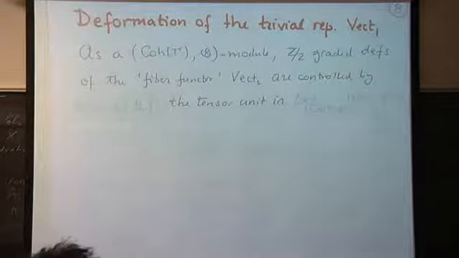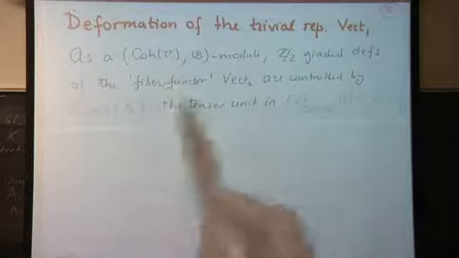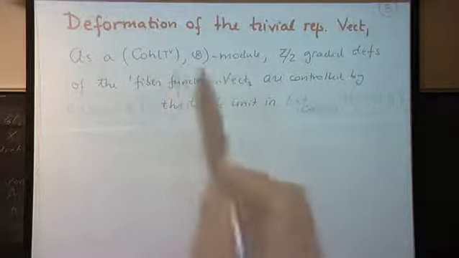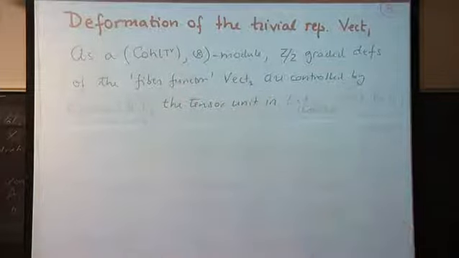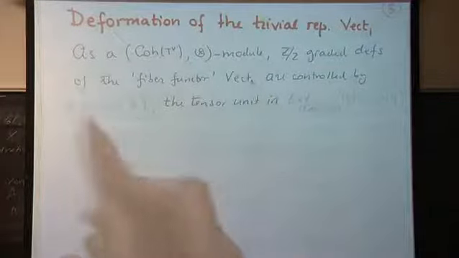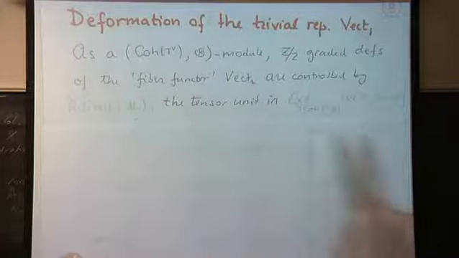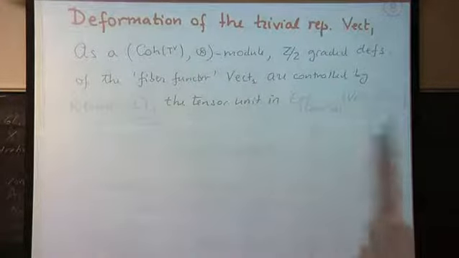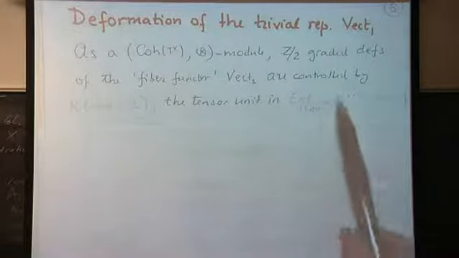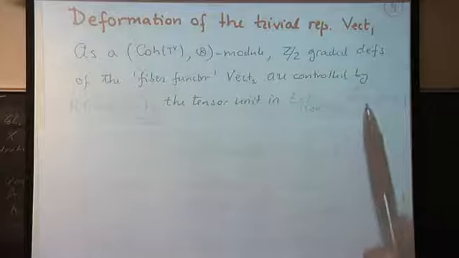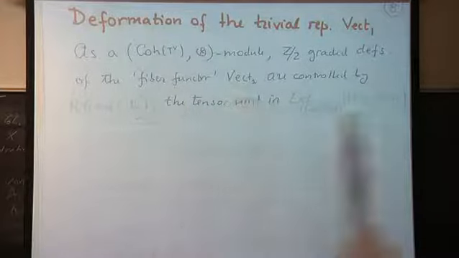So let's look at the deformations of a trivial representation, vect 1, of the category of coherent sheaves in the Z2 graded world. Well, general nonsense theory tells us it's controlled by a derived endomorphism of the tensor unit in the first endomorphism category. So you compute the derived endomorphism category of vect 1 as a module over this tensor category.